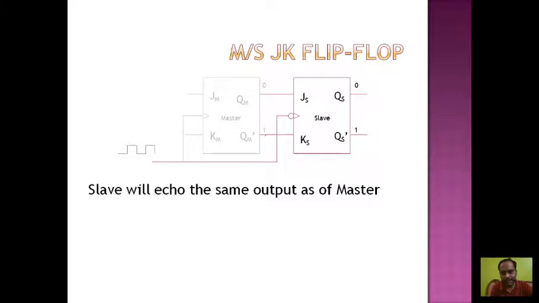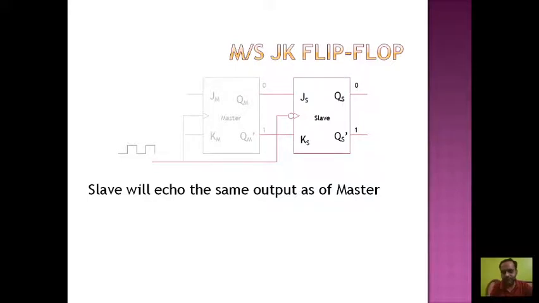So this input will be provided to the slave. In this case, as the input at K is high, it will reset as an ordinary JK flip-flop does, and this will reset to 0.